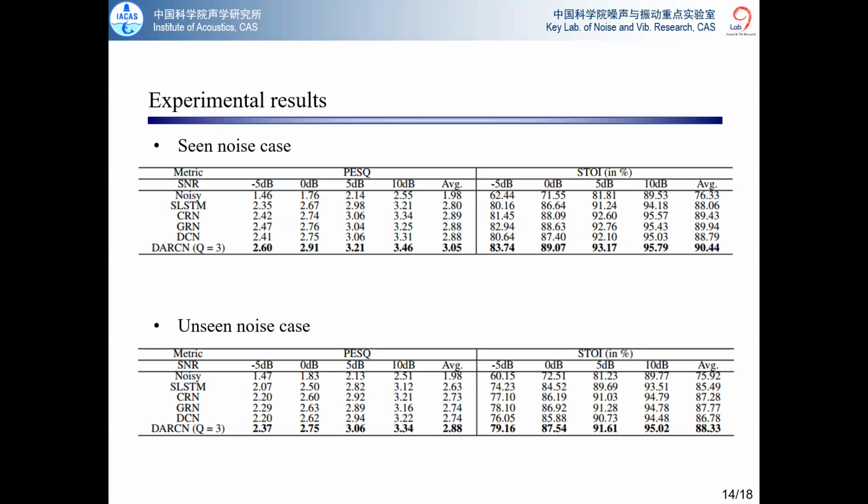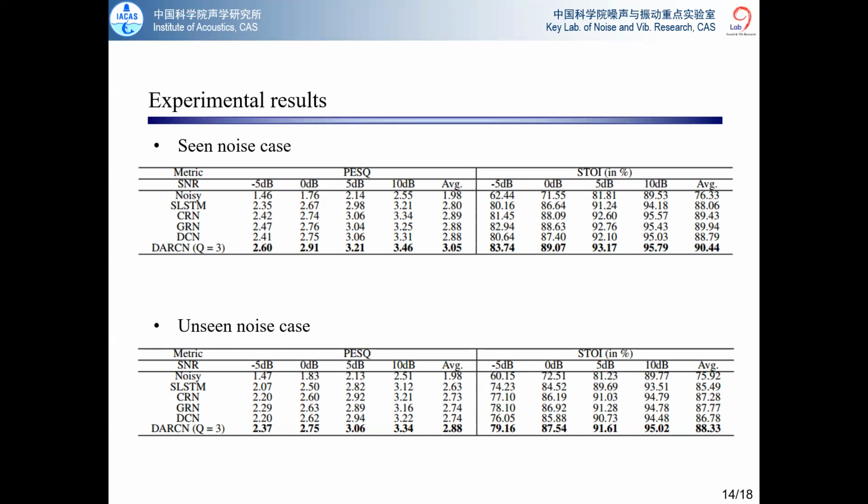The objective results with respect to seen and unseen noises are shown in the 2 tables. PESQ and STOI are chosen as the evaluation metrics. Here, the number of stages, Q, is set to 3 by default. One can find that compared with the baselines, the proposed method obtains consistently better performance.